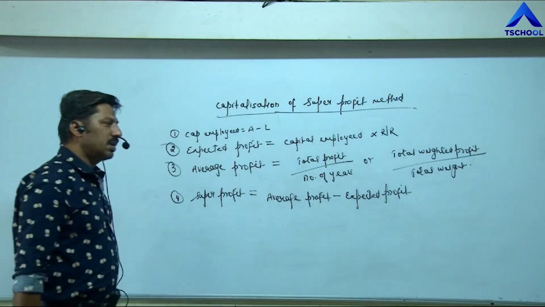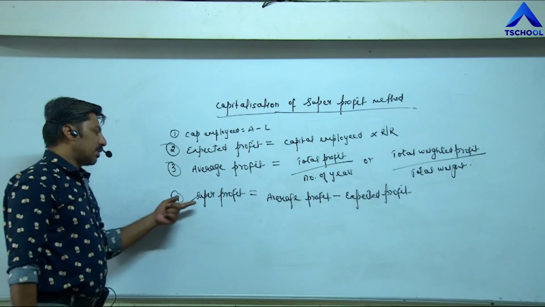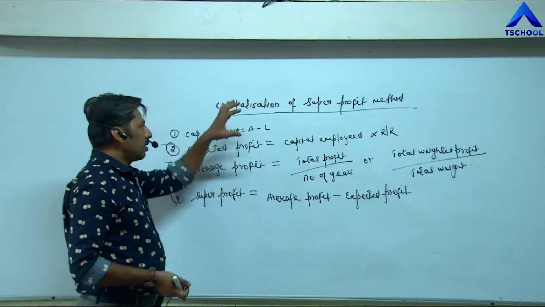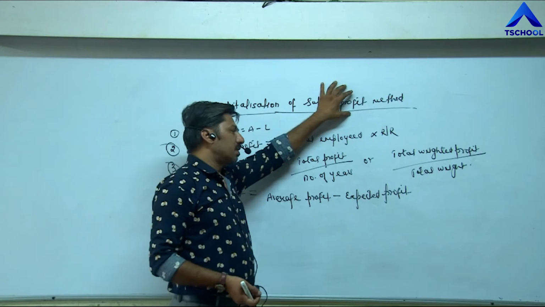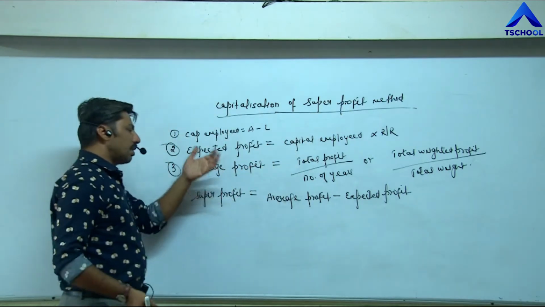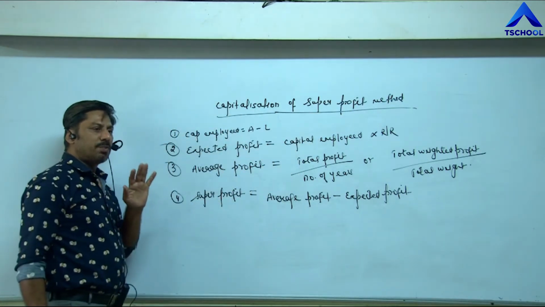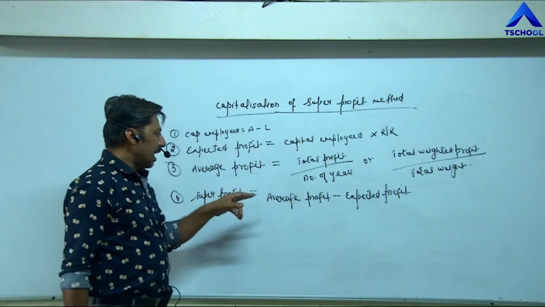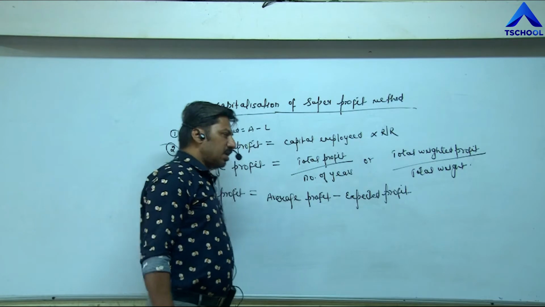Average profit minus expected profit is equal to super profit. Right now I am not explaining capitalization of super profit method. We are just revising the previous method, simple super profit method. So formula for getting super profit is average profit minus expected profit.